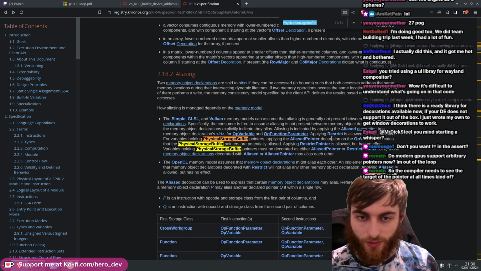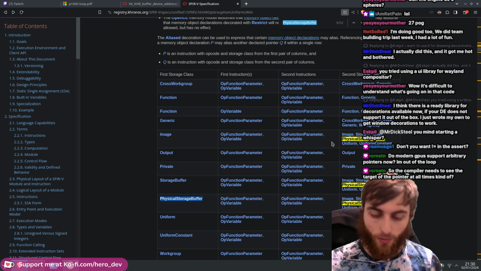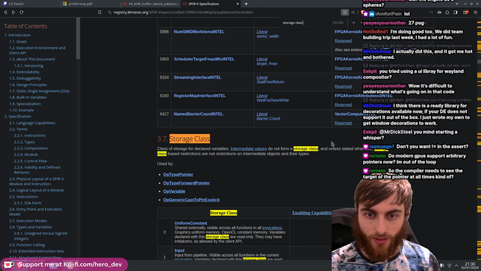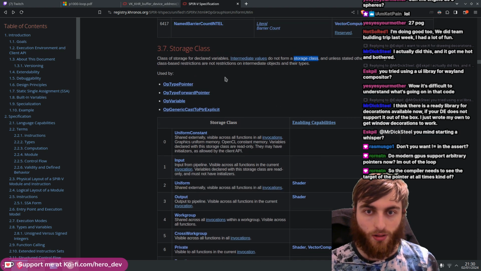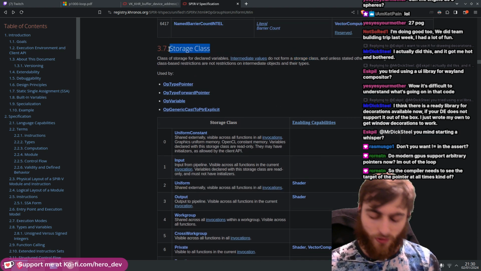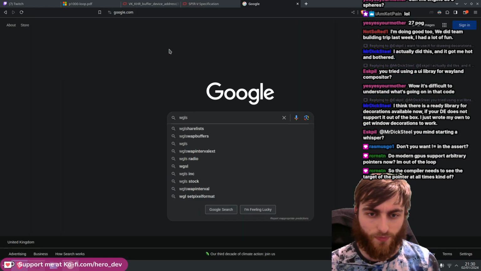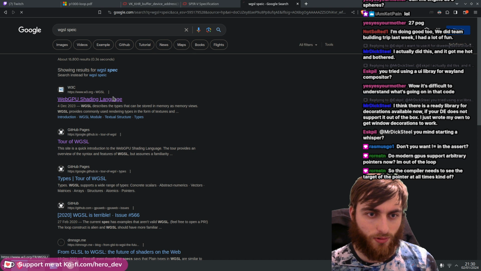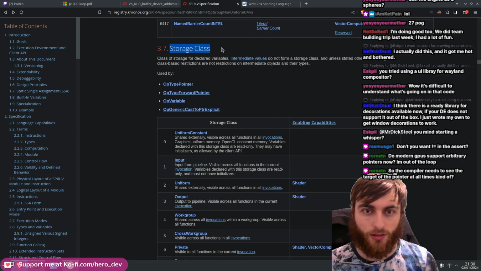What else? What's the other thing? Yeah, so there's one more problem. This is one of the biggest problems with pointers. And this is why WGSL, whatever it's called, the shading language, looks like a piece of crap: because of SPIR-V storage classes.